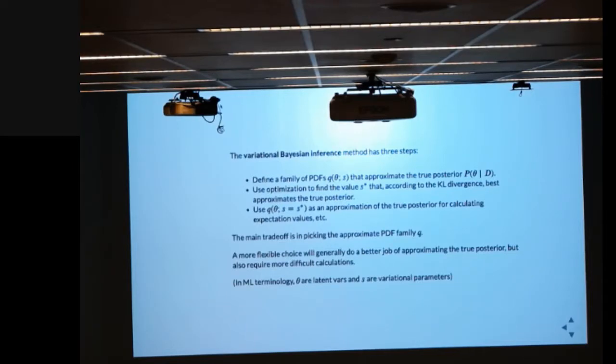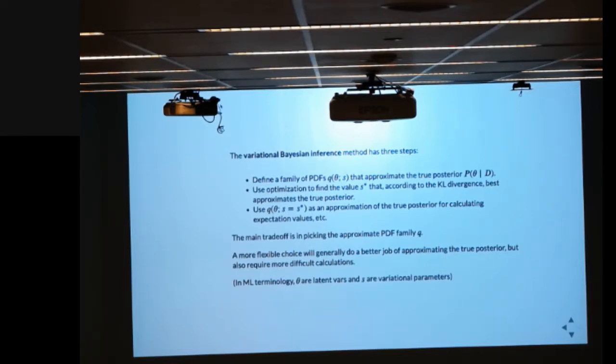Okay, so in practice, variational Bayesian inference has 3 steps. First, you define the family of probability densities that is going to approximate the true posterior. So you're defining this thing here, and it's going to be a function of the parameters you're interested in, like the age of the universe, but then also these technical hyperparameters which move you around the space.